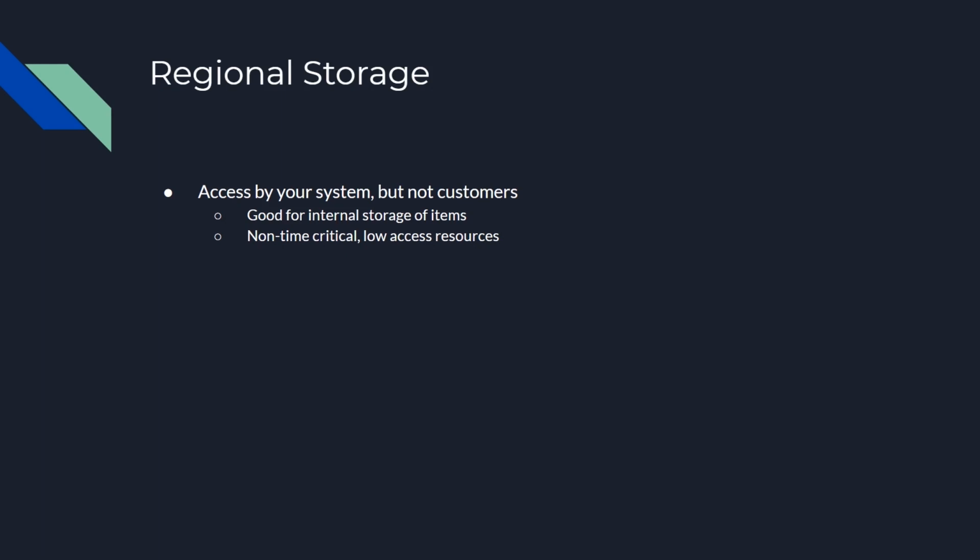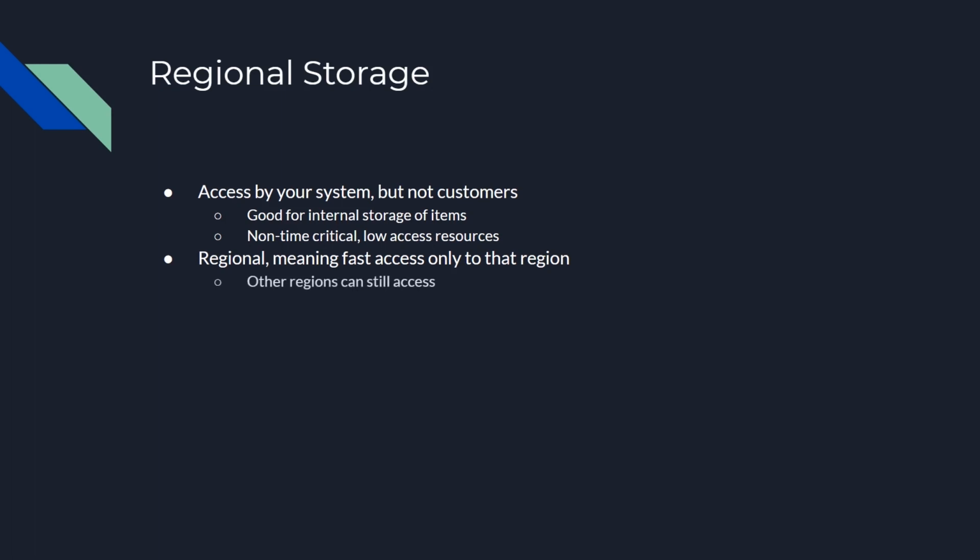And those will be non-time critical, low access resources. For instance, if a file only needs to be read once every 6 days and it's only going to be accessed that one time every 6 days, maybe regional storage is a better choice. And if all of your compute resources are in a single region, regional access means it's going to be fast for that region and not necessarily fast for other regions, but that may be all you need.